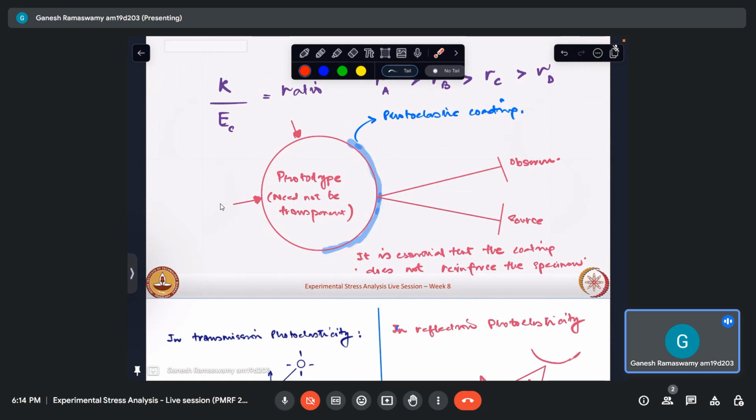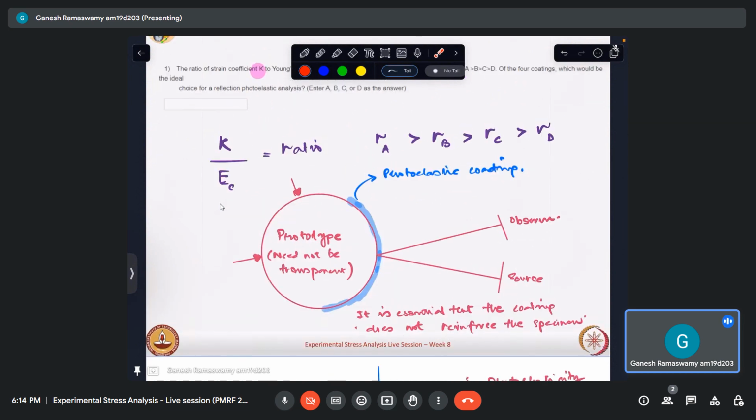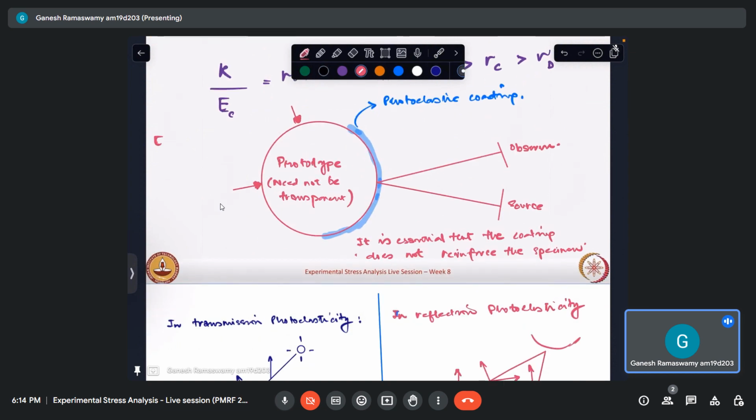That is driven by the elastic properties. So that is why when we have a prototype, we try to go for a specimen that provides the least reinforcement possible, and that can be gauged readily by the Young's modulus. So what we want is EC to be less. EC less means less reinforcement.